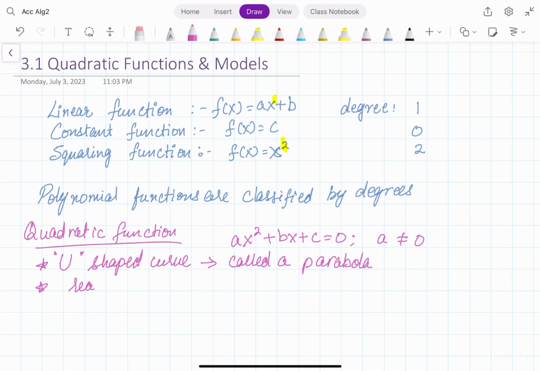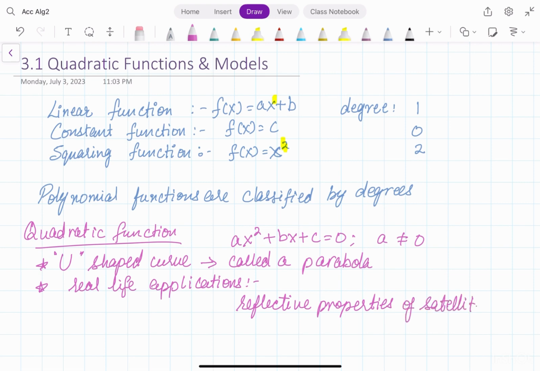Now in real life, we can think of quadratics when we are talking about the reflective properties of satellite dishes and flashlight reflectors. These are common real life applications where you can see the shape of the quadratic function.